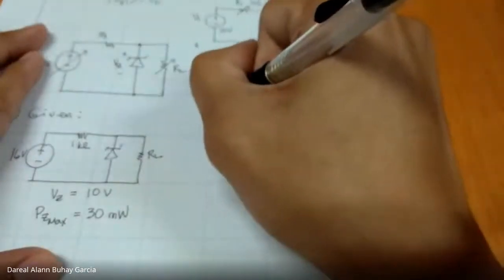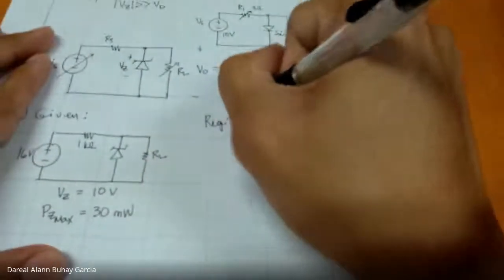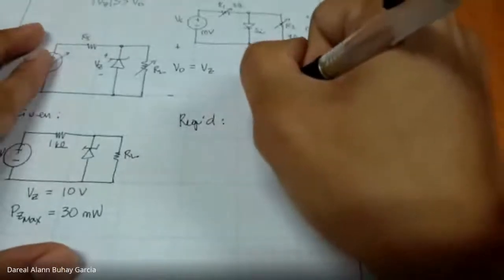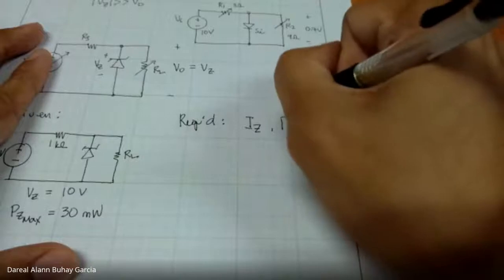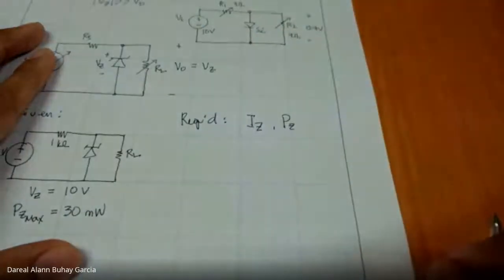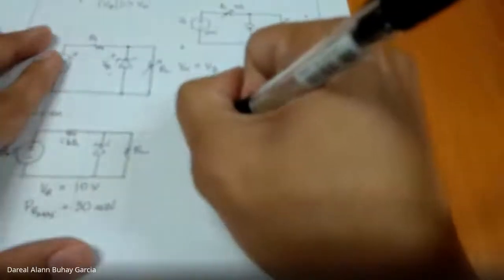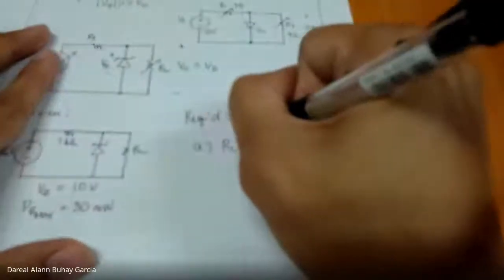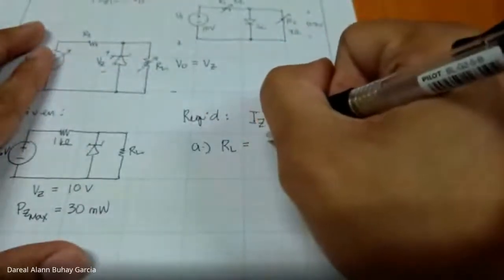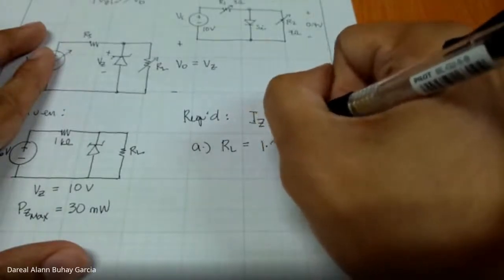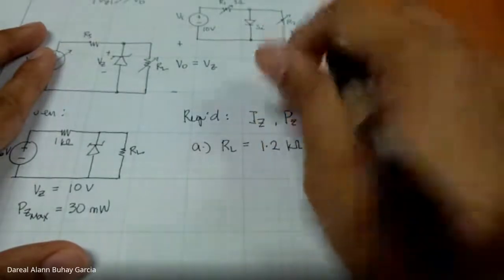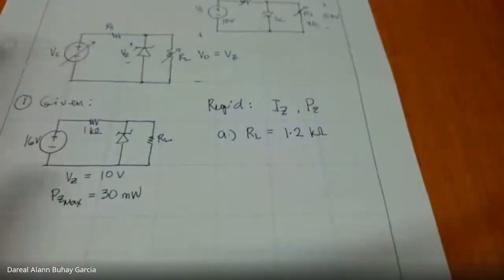Required: current ni Zener Diode and yung power dissipation, provided that RL is equal to 1.2 kilo ohms. Okay?